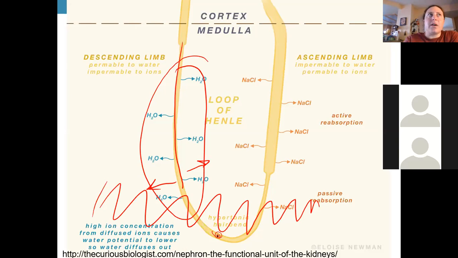So because we've moved water out, the remaining stuff dissolved in the water is of a higher concentration. So then we get up here and we start pumping out all of those solutes using lots and lots of ATP. And so now we're diluting what's inside. But because we lost a bunch of water first, what's inside the tube is now a much lower volume than what started, okay? Because we've now reclaimed much more of the water and electrolyte that we didn't want to lose.